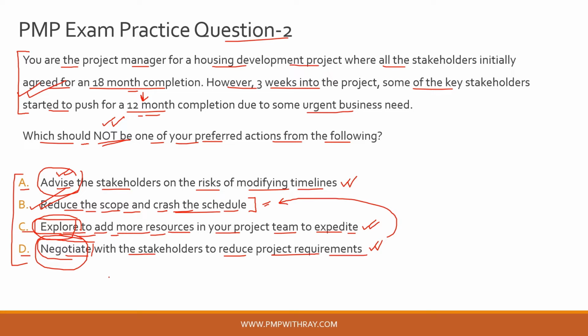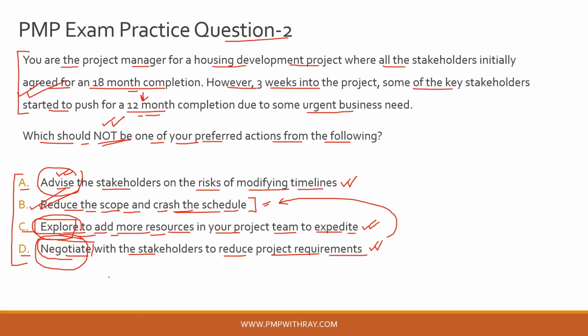You are advising your stakeholders, exploring opportunities, and negotiating in a positive way with your stakeholders. These are the behaviors you need to demonstrate as a project manager, not only when you are solving PMP exam questions, because these are life skills, and you need to demonstrate these behaviors in your professional career as well.